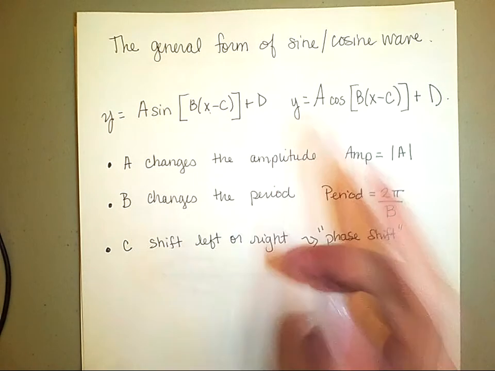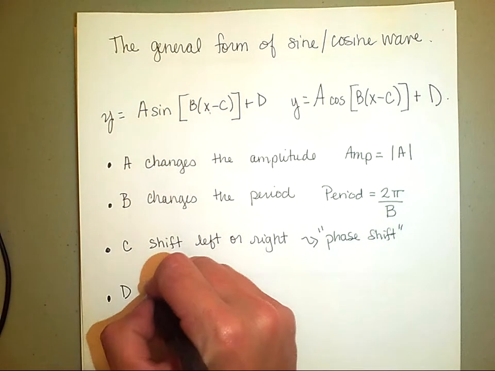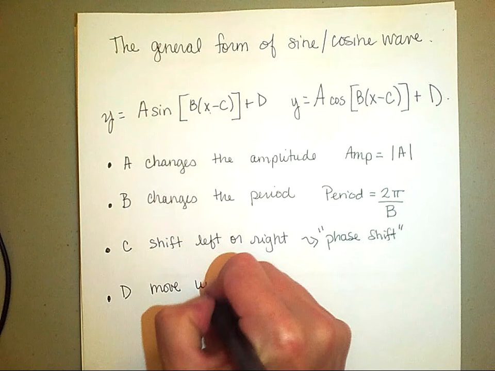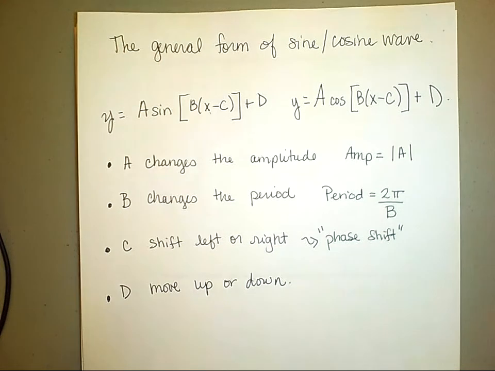And then anytime you add or subtract a constant D to a function, it's going to move it up or down. Alright, now this is going to take a little bit of work, but we can do it.